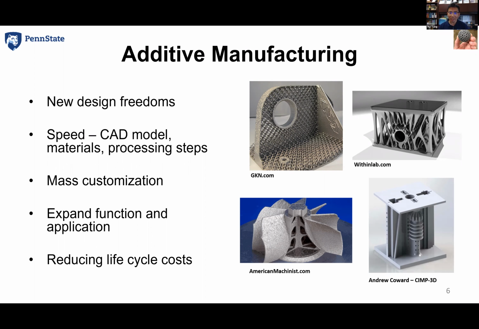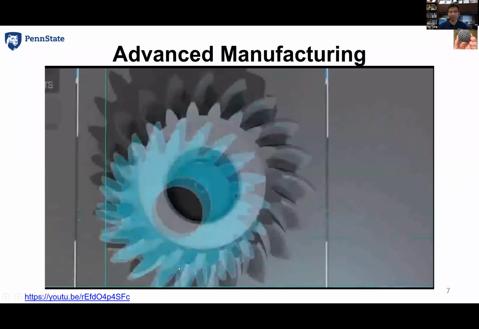It's not like traditional mass production, where you have the same design and produce thousands or millions of them. Now 3D printing gives you the flexibility to produce only one part. We often call it one-of-a-kind manufacturing. Because of the complex geometry, it sometimes offers expanded functional applications, and the speed actually reduces the life cycle cost.